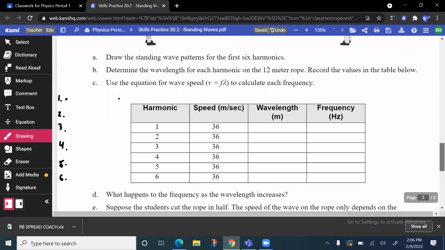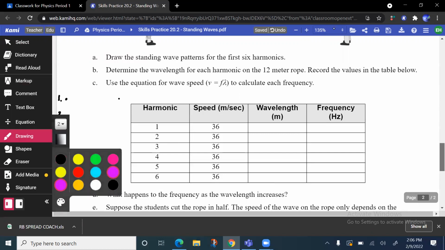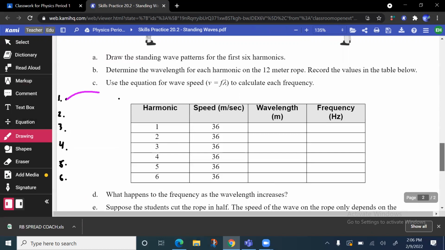So for the first harmonic, I'm drawing 2 points. And I'm going to draw my standing wave by going from 1 point over to the right. Again, you're looking at half the wave. 0.5 wave. Okay, first harmonic, you're looking at half a wave.